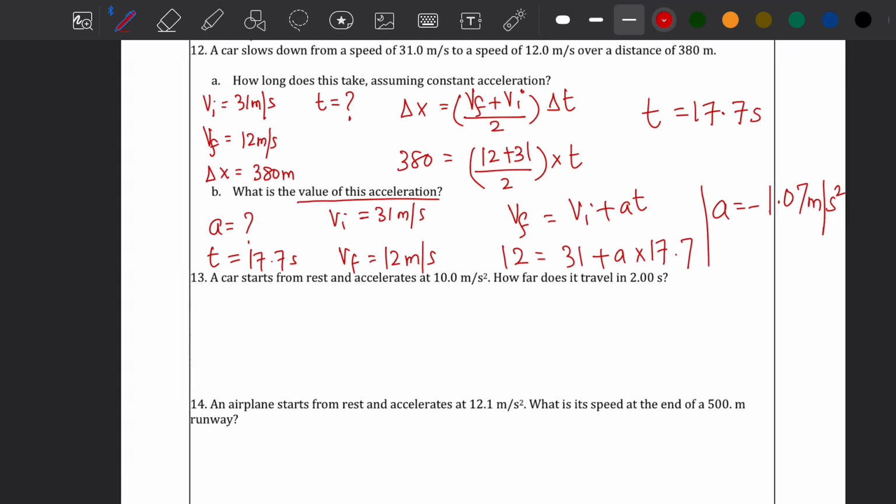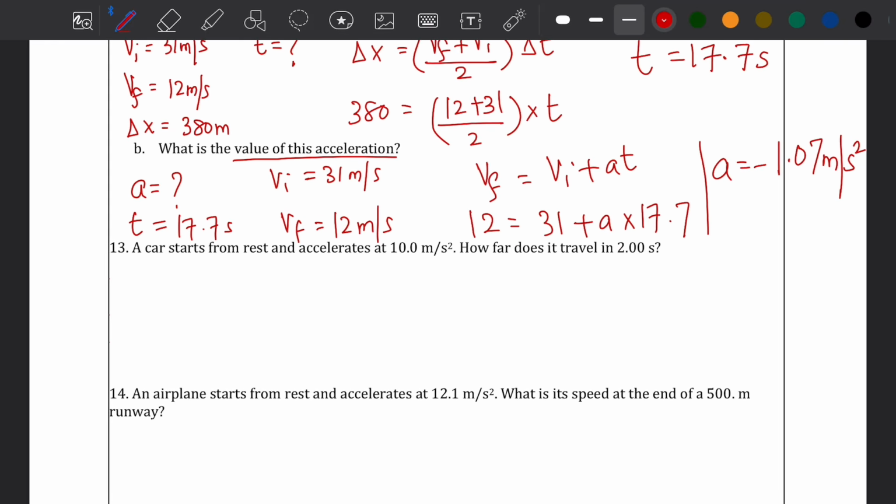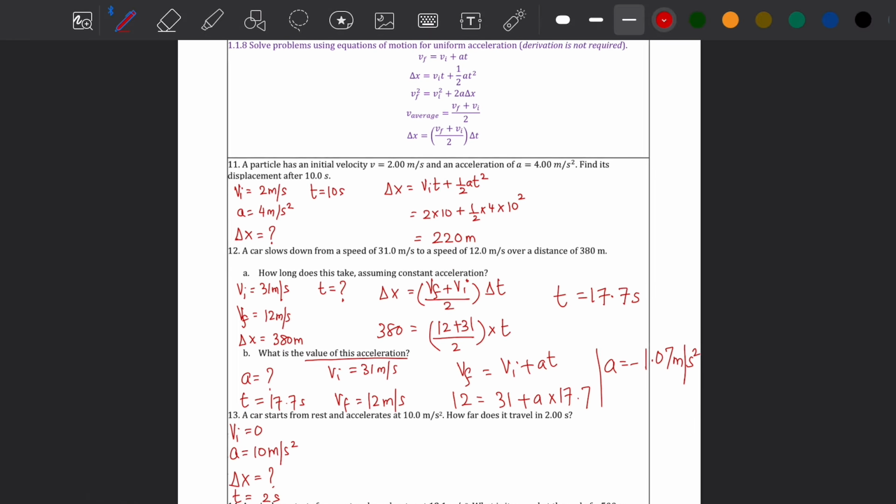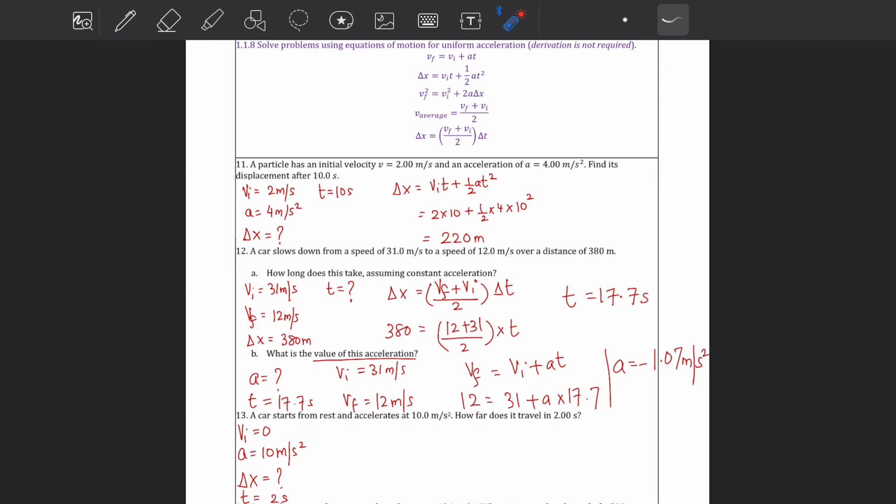Next question, a car starts from rest. So VI is equal to 0. Accelerates at 10 meter per second square. How far does it travel? So delta x we want to find, and the time is given as 2 seconds. So we need to use the formula where we have VI, A, delta x and t coming together.